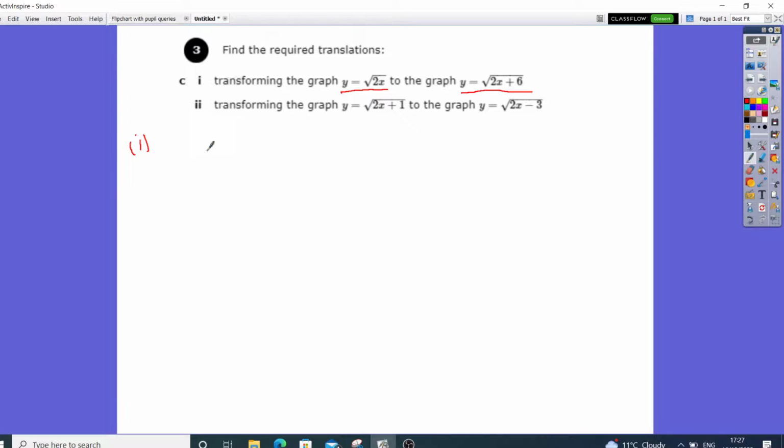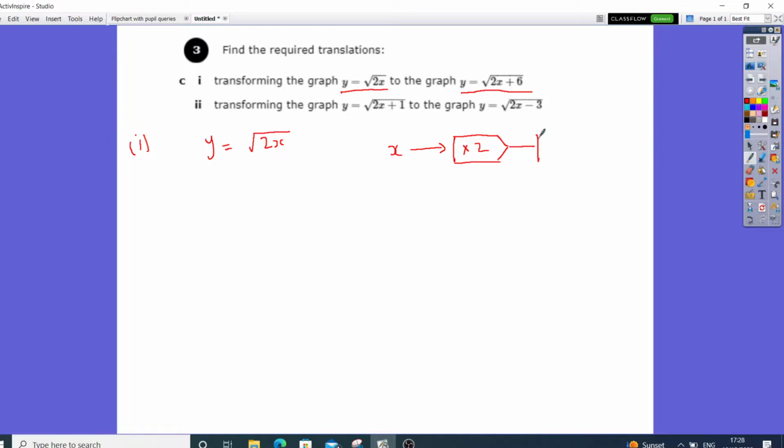Okay, so let's just write this down. y equals root 2x, so you double the x, then you square root it. So let's do a little function machine here. You've got x, it's going to be doubled, times 2.